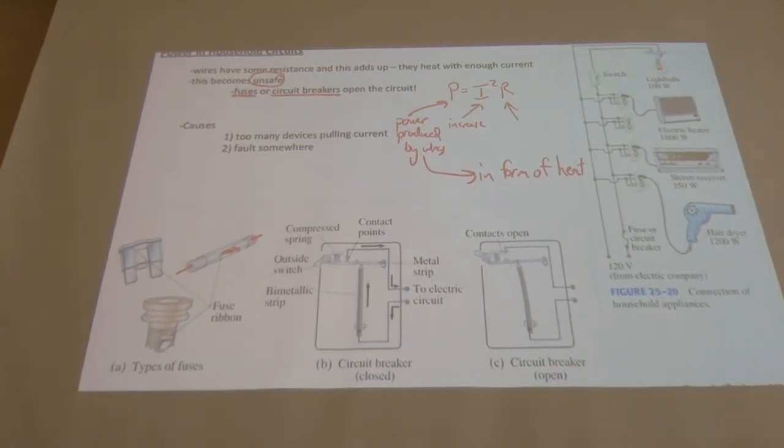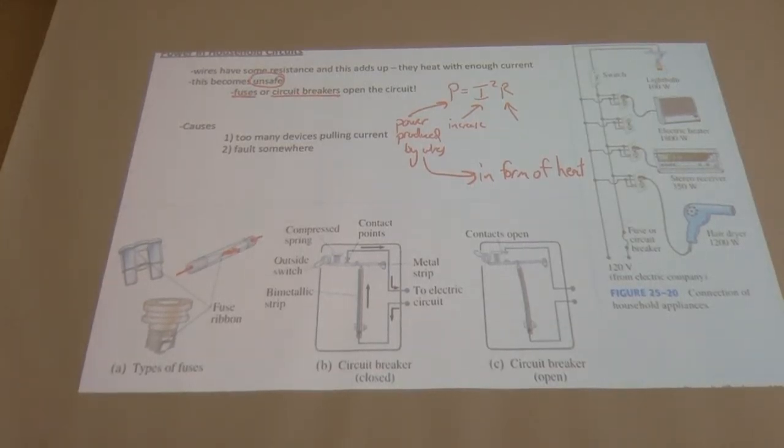Here's what you don't want to do. Probably you've done this over and over again, right? You and your roommates have all the things turned on, the lights go out. You push the switch back. You go back to doing all your things again, and the lights go out. You go back to doing all your things again, the lights go out. And then maybe one of you gets a bright idea that's not so bright at all.